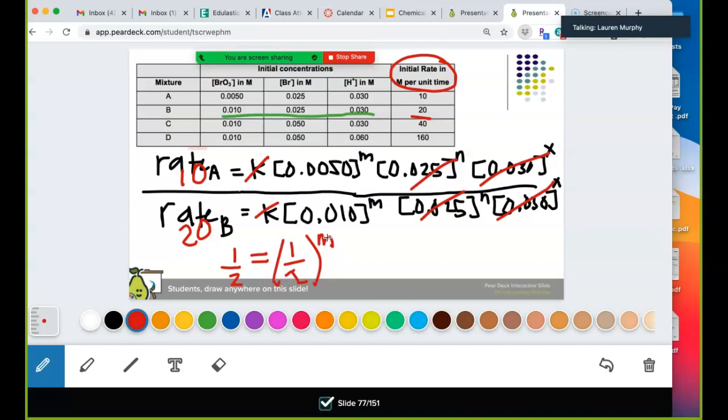Some order. 1/2 to the what is 1/2? 1. So you have just found the order, first order, with respect to bromate. That is the substance we were focusing on in this part.